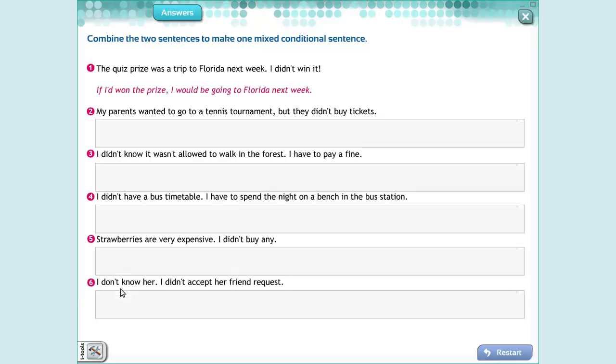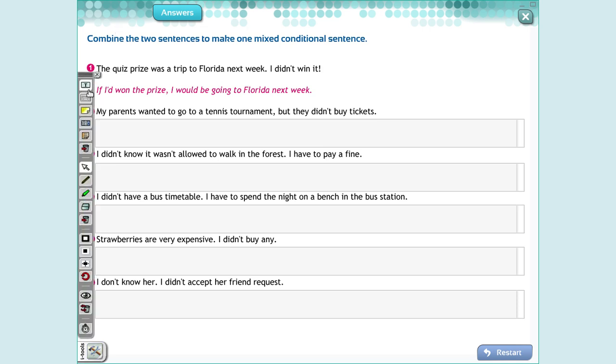Exercise 2. Combine the two sentences, make the mixed conditional sentence. So let's remember.